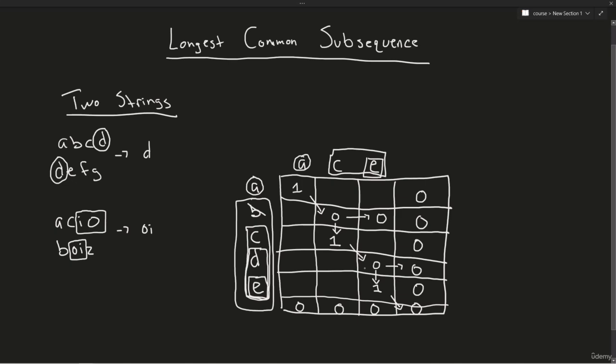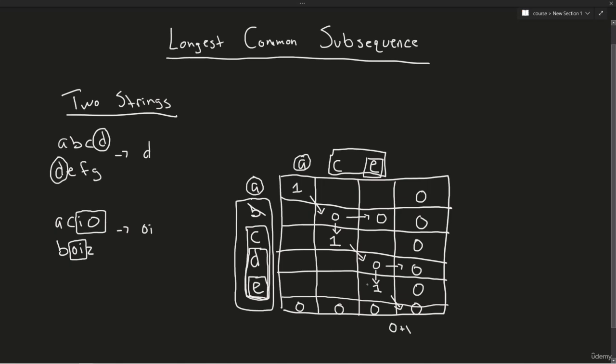So for us to figure out our longest common subsequence, we're going to do 0 plus 1, because we're going to move up our path that we just traversed down on. So we're going back up.